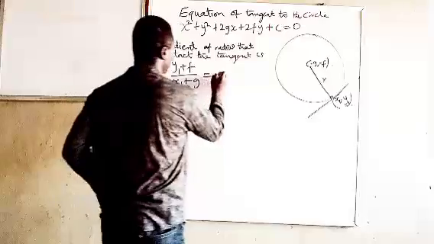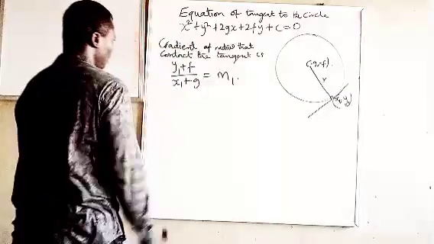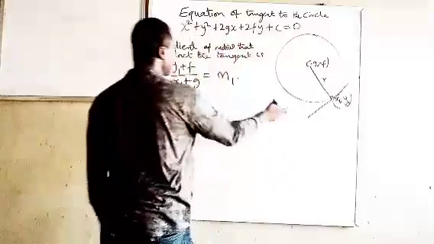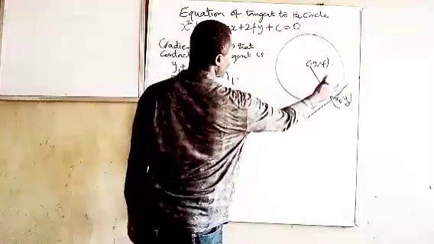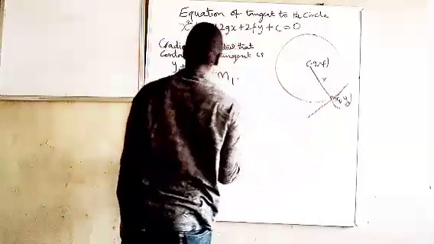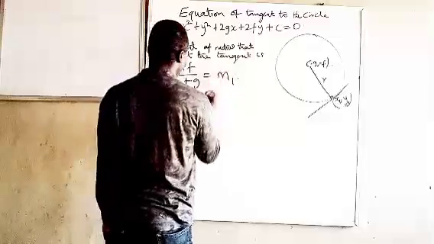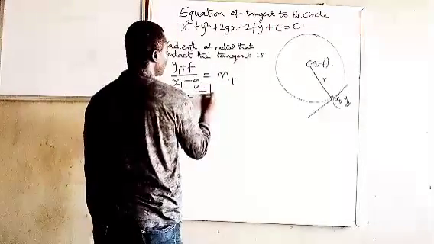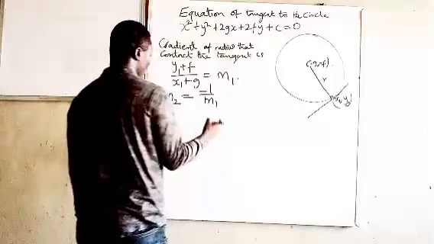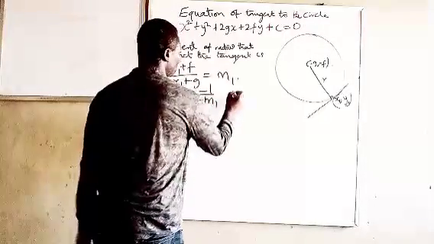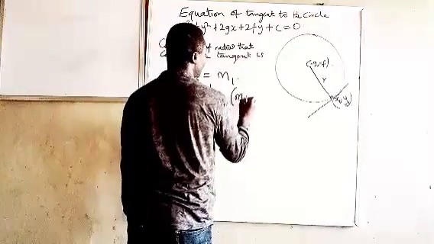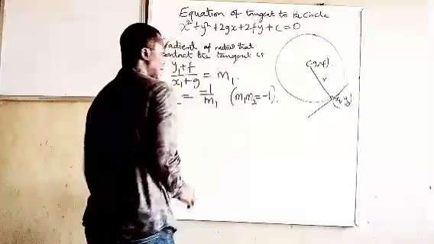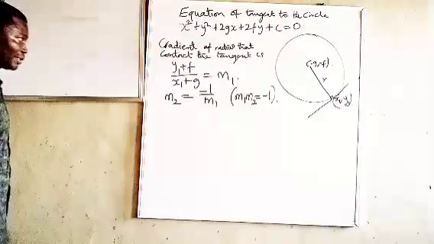That is m1. Now, the gradient of this tangent, since it is perpendicular to this one, will be m2, which is equal to minus 1 over m1. Remember, m1 m2 will be equal to minus 1 if the lines are perpendicular to each other.